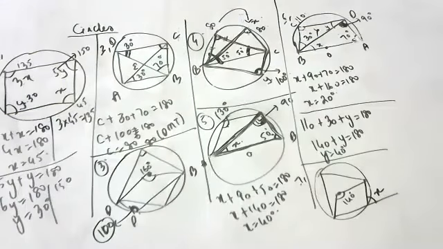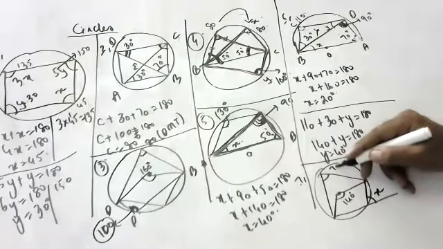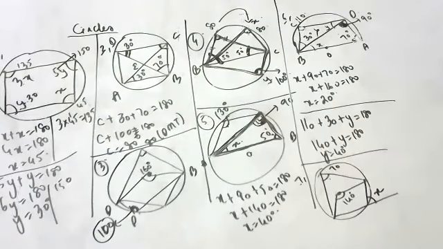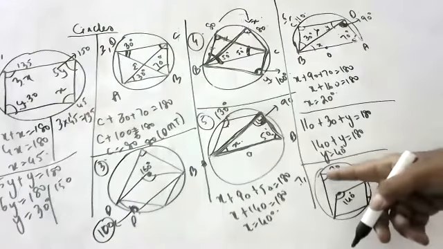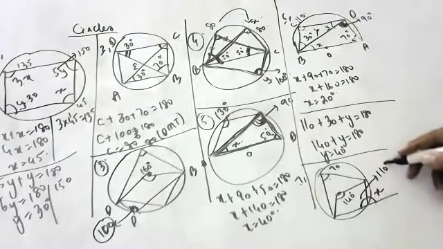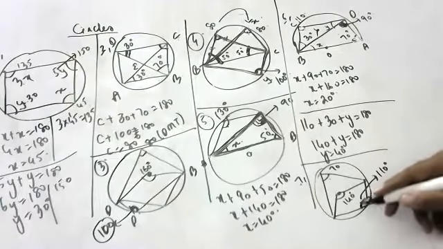Yes, sir. The above one will be 70 degrees, sir. This is 70 by the degree measure theorem. And opposite angles in the second quadrilateral are supplementary, so that will be 110 degrees, sir. So x will be 70 degrees as linear pair.